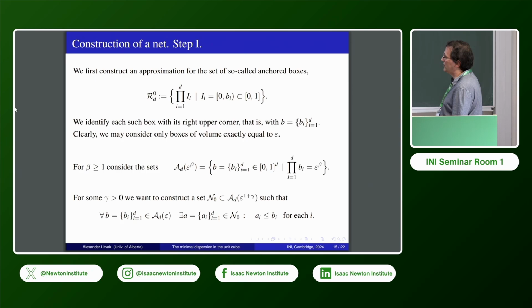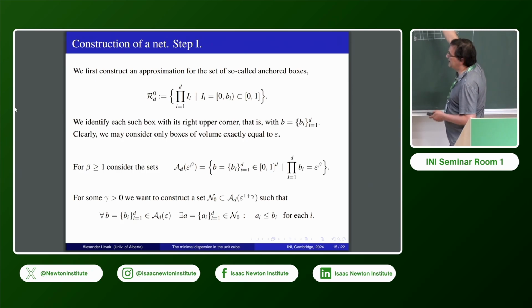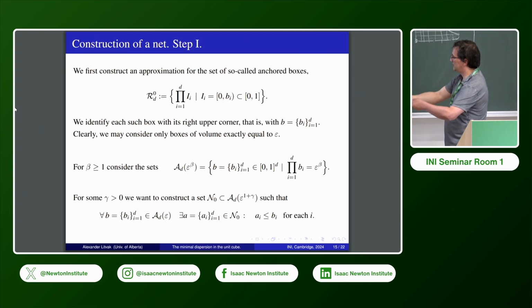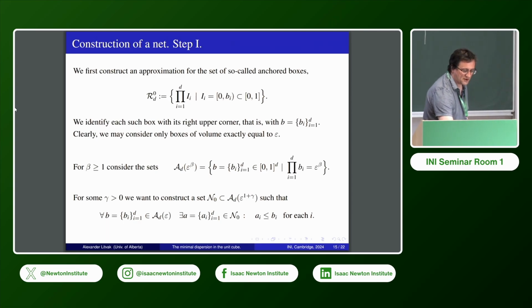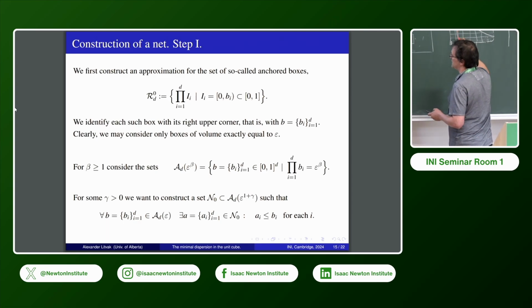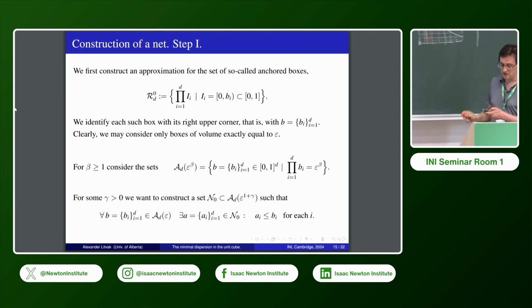And then what I need to construct. For each such set, I need to construct a certain finite set such that the boxes are inside, so they are smaller. I probably should use a different color. So they are slightly smaller, with volume epsilon to the power 1 plus gamma. And the property is that if I have a box from here, I can find a box inside.